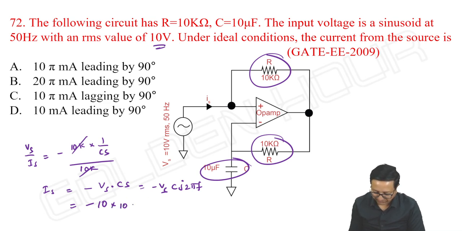C is 10 microfarad, into j into 2 pi f, where f is 50. Okay. So how much do you get? Minus j into 10 pi milliamperes. You just check it.